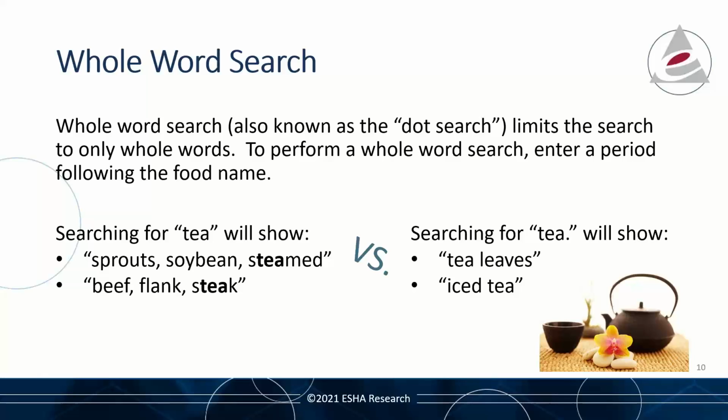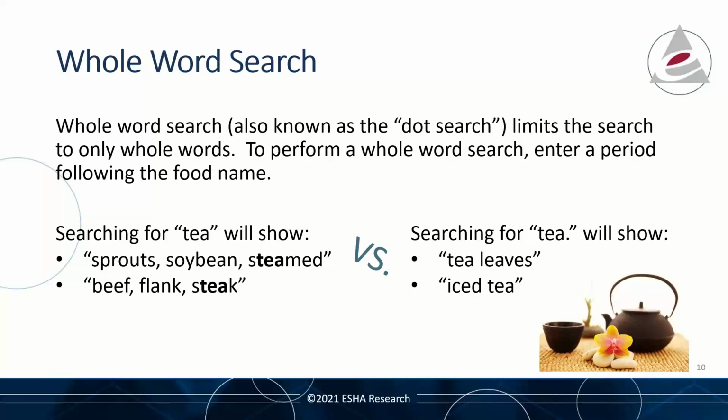When you type in a term and press enter or select search, you will see all matches to that phrase. So one way to narrow that down is using the whole word search, also referred to as the dot search. Here you can enter a term followed by a period, and the software will find matches to that whole word.